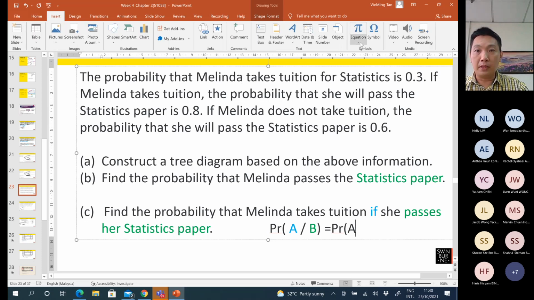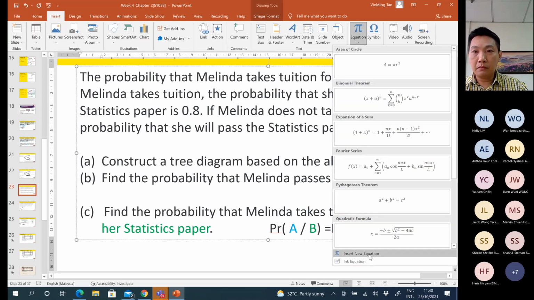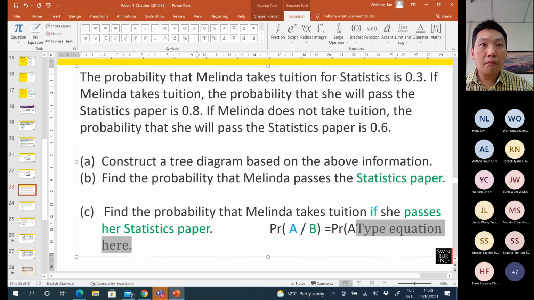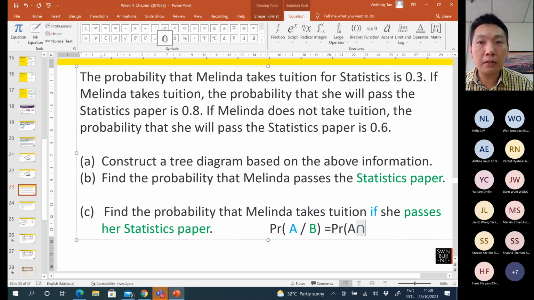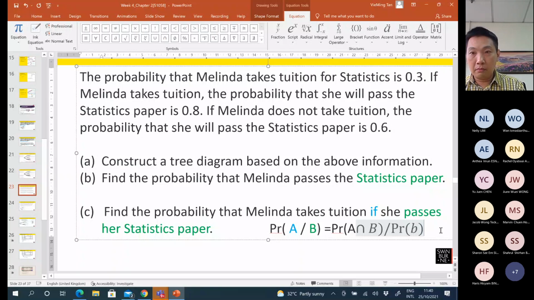Okay, I use this symbol. This one, and then intersect with B. Okay, because B is at the back, so we have to put B at the back as well. Divided by probability B. This depends on B now.